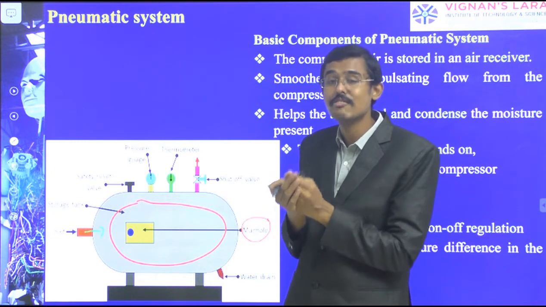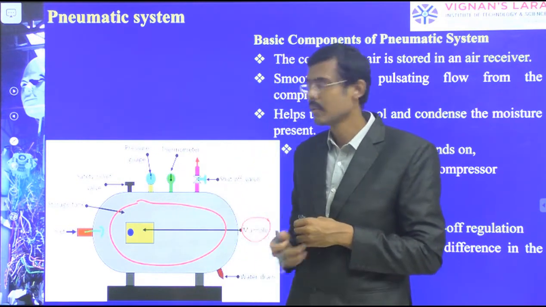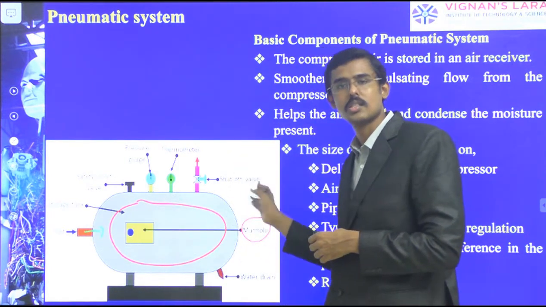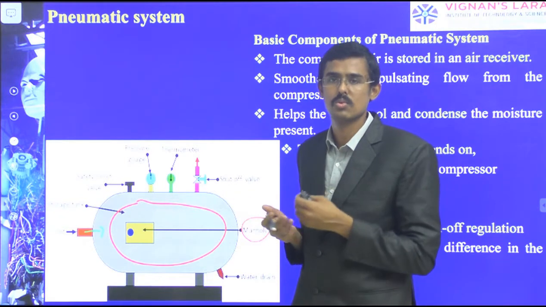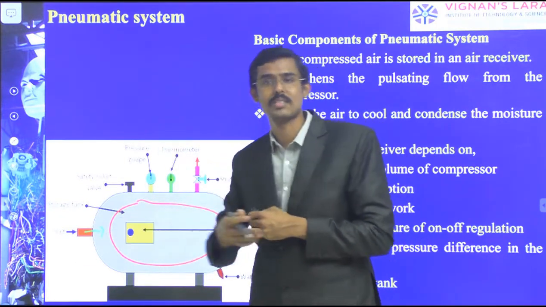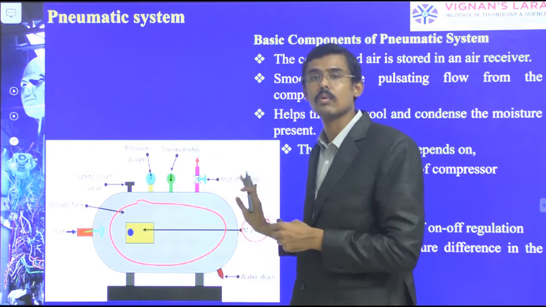Cracks and defects should not be there, and leak proofing has to be verified. Otherwise we will keep on compressing and the leak will keep going, and there is no use. Therefore a manhole is kept for fabrication and repair purposes. So this manhole is at one end.